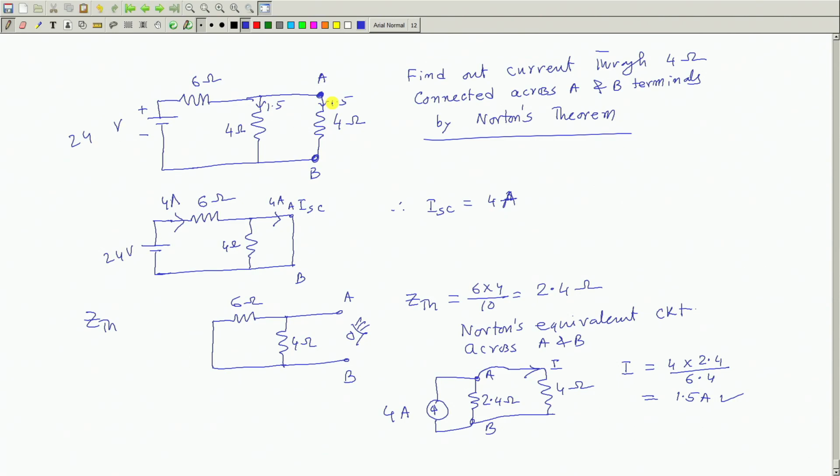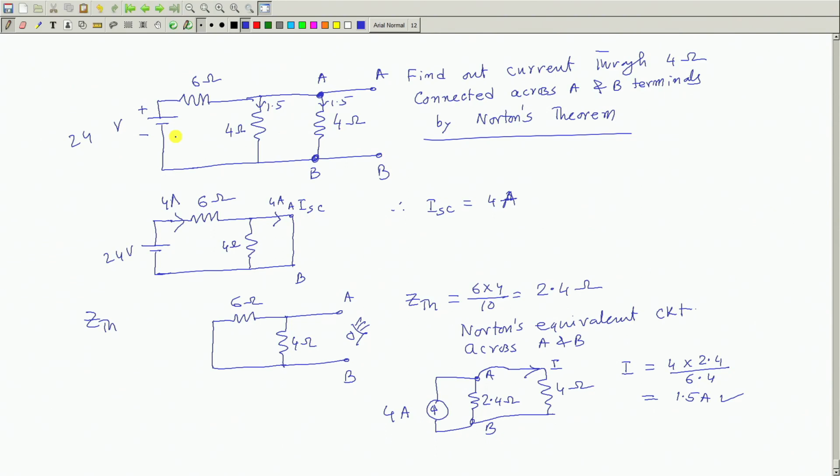Only thing is that sometimes these points are shown like this, A and B, and they say that across A B I am going to connect some impedance, find out the Norton's equivalent of this network. Are you getting me? Then okay, short circuit current you find out, then retain this 4 ohm while calculating Z Thevenins. Does it make any sense to you?